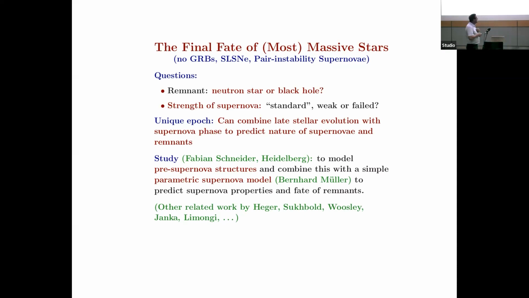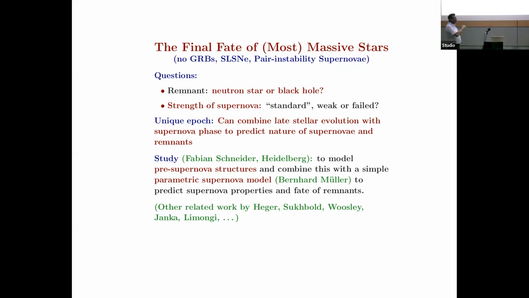And this is work that's led here by Fabian Schneider-Hitz, and we started it actually already in Heidelberg. So what we do here is he calculates the pre-supernova structures of different types of stars. And then we combine that with the supernova model that Bernhard Müller at Monash developed. He was a student of Thomas Janka, so he's one of the people who has been doing these 3D hydro simulations, but they're still very expensive.